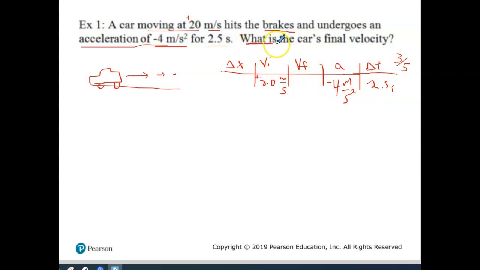So in this question, it says, what is the car's final velocity? So I'm looking for vf. If you look at this, I have a question mark for what I'm looking for, and then I have the numbers in for what's given. There is one box that is not filled in. That box is the one I'm going to use to decide which equation to use.